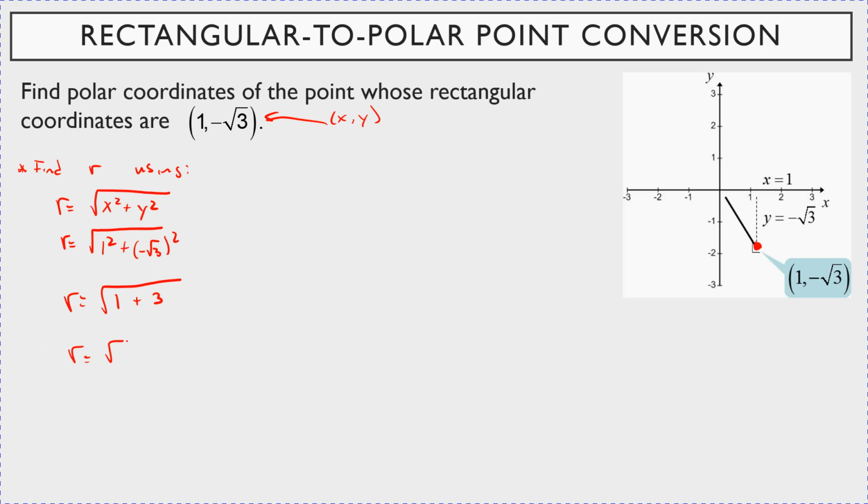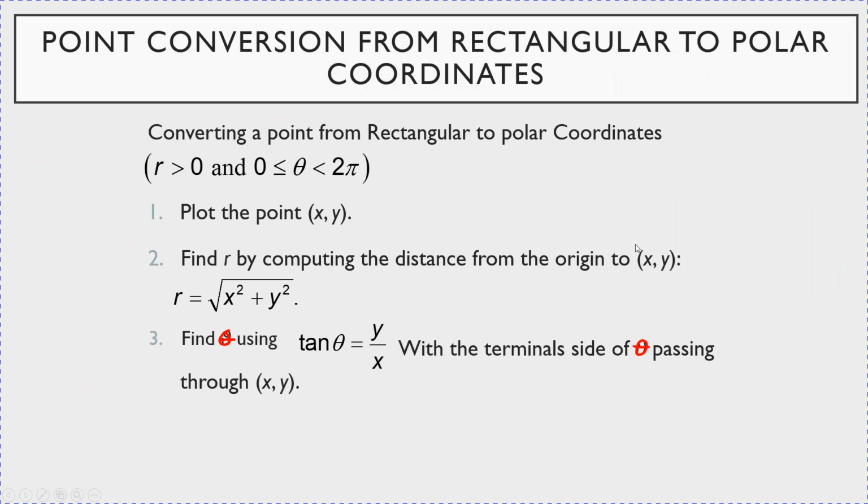So this is the square root of 4. So here r is equal to 2. Okay? So this distance here, this r, is equal to 2.